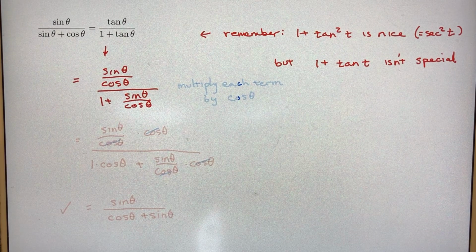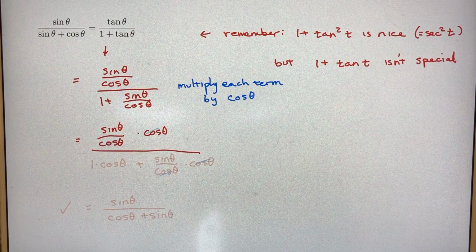And oh look, I have thetas. Okay, I am going to multiply the top and bottom by cosine. Remember, when you multiply on the bottom, you have to multiply both the one and the other fractiony thing.